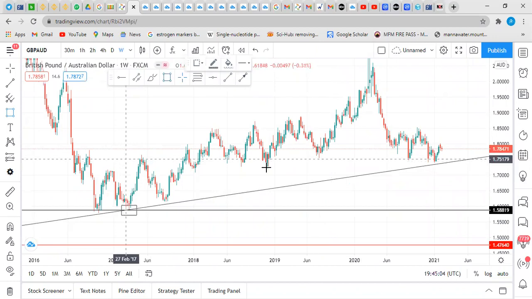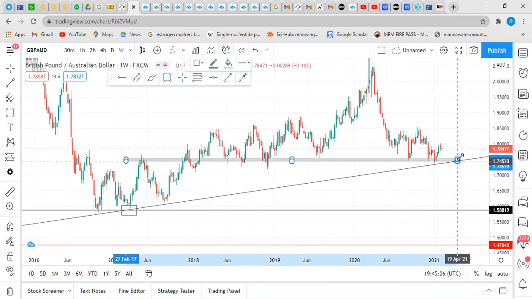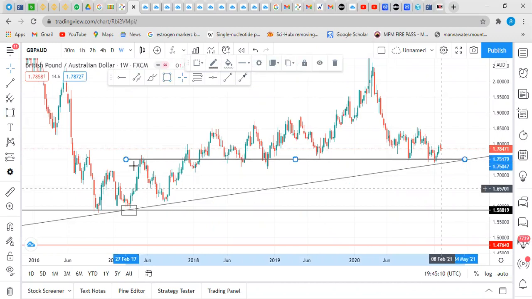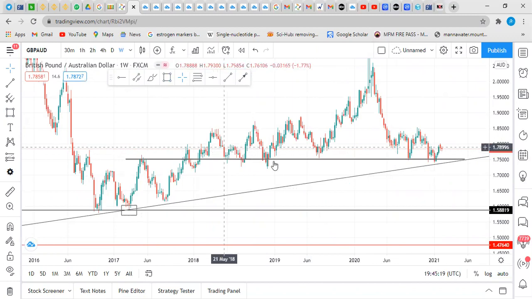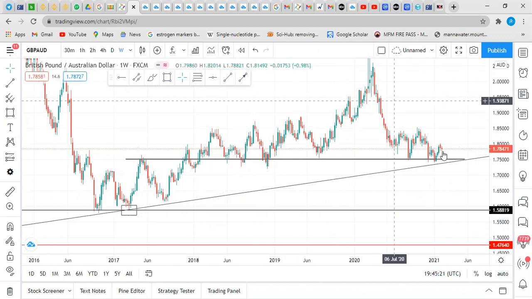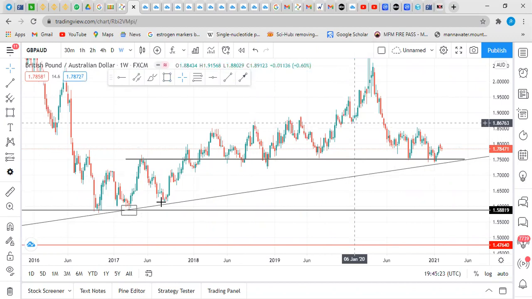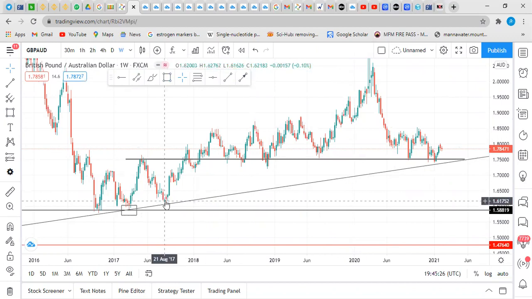This is our first point. That was our resistance. So you can see we have a retest of the resistance. So that is why we have rejections at this point. This is the support.